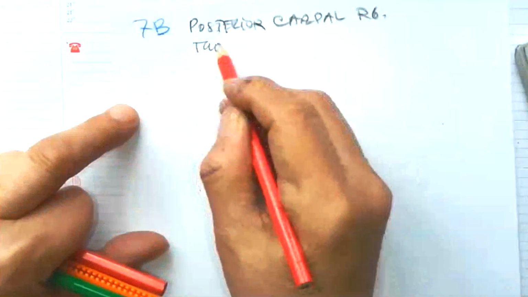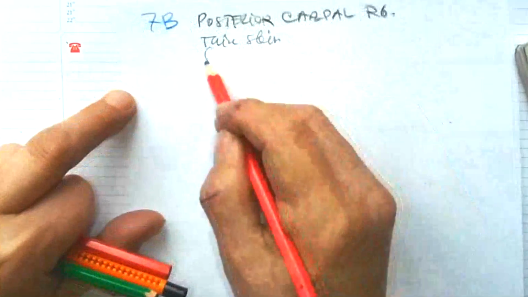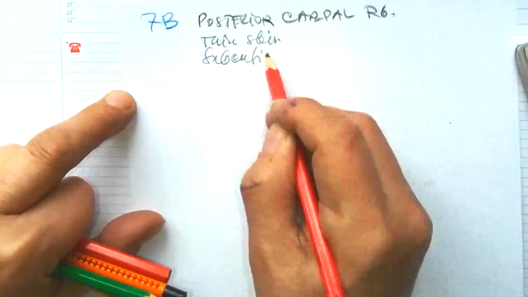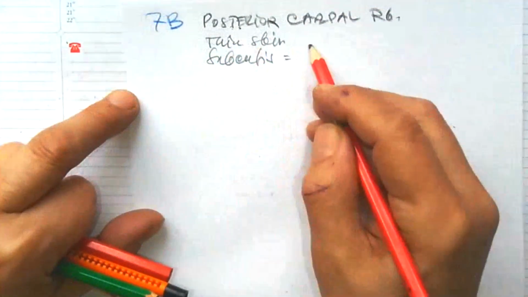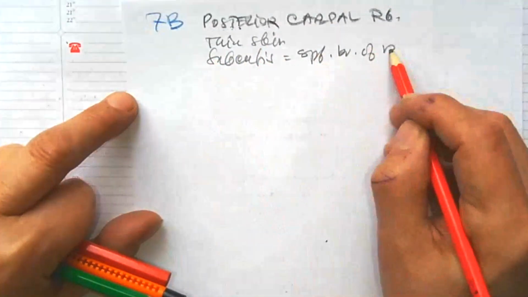First of all, we have to mention that there is thin skin. The subcutis contains the superficial branch of the radial nerve.